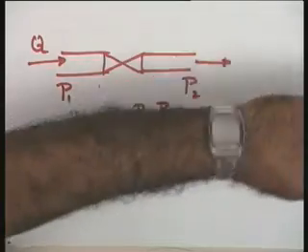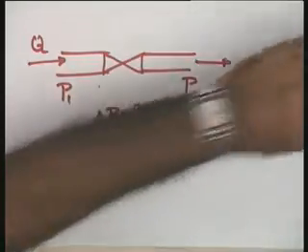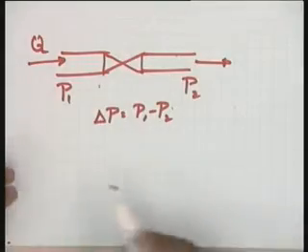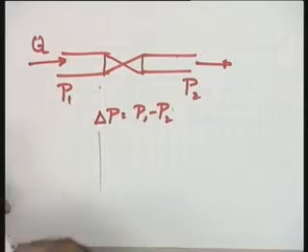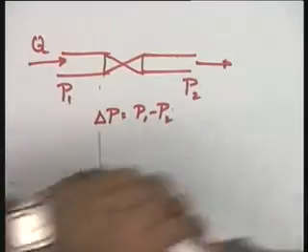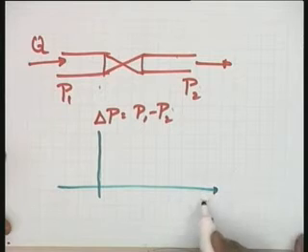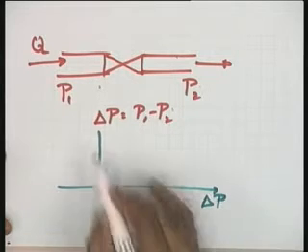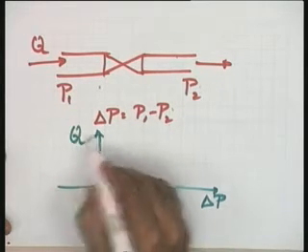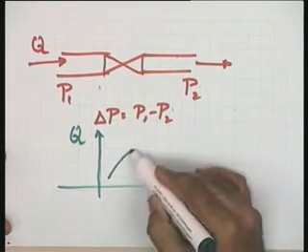Let us say that for a typical orifice, the experimentally obtained curve is like this. On this side I have del P, and on this side I have flow Q, and this is a non-linear relationship.